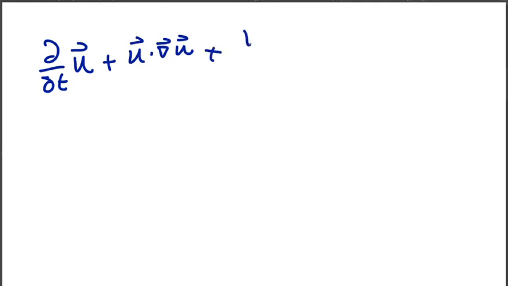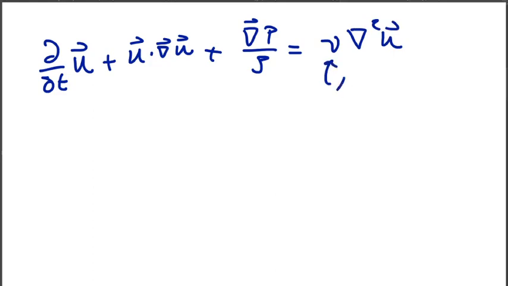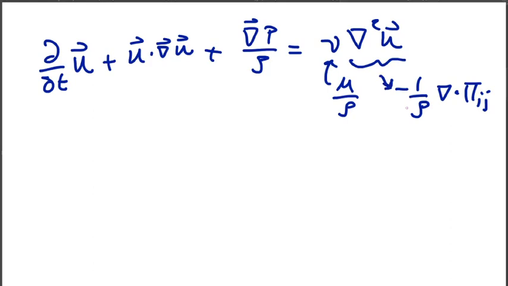We have d by dt of u plus our nonlinear terms u dot grad u plus our gradient of pressure over rho, and this is equal to nu del squared u, where nu we recall is mu over rho, and all of this is from the minus 1 over rho times the divergence of our viscous stress tensor pi ij for this whole thing here, including the new coefficient.